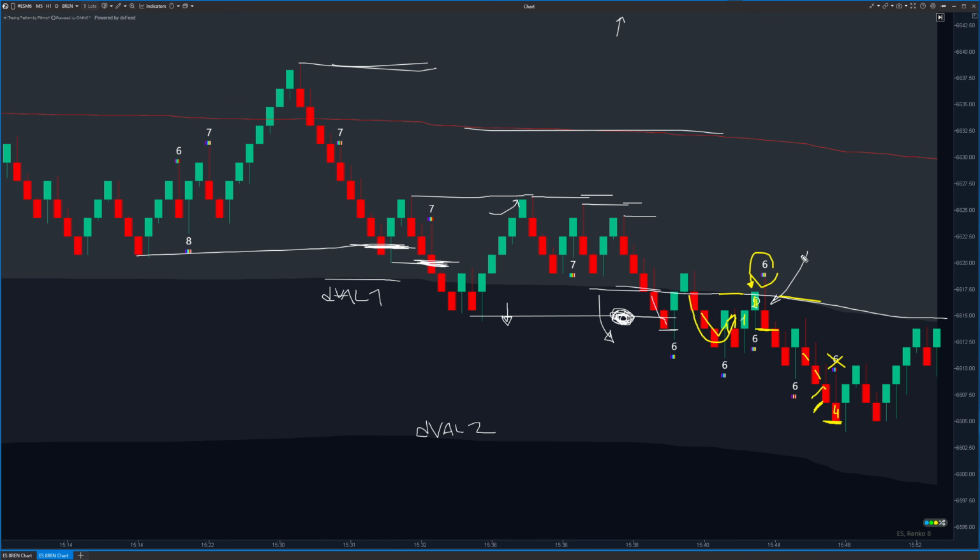It's nothing. Unlike this one. This is a great one. This red one, this one. This is my entry candle because it makes sense. I have a setup, a pullback to the broken DVAL1 while the POC line is flat.